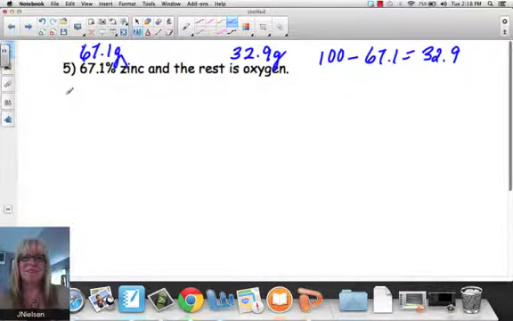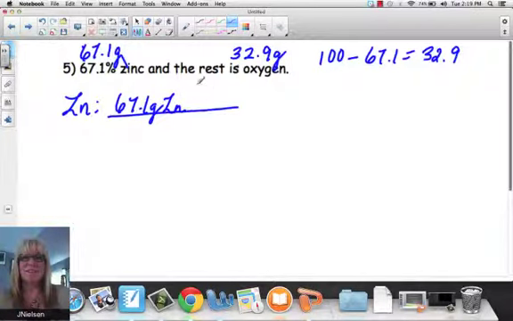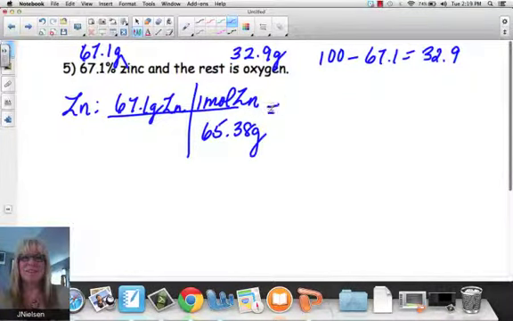So let's start with our zinc. Zinc is 67.1 grams of Zn, and we know that 1 mole of zinc has a gram formula mass of 65.38 grams. Grams cancel, and that gives us 1.026 moles of zinc.